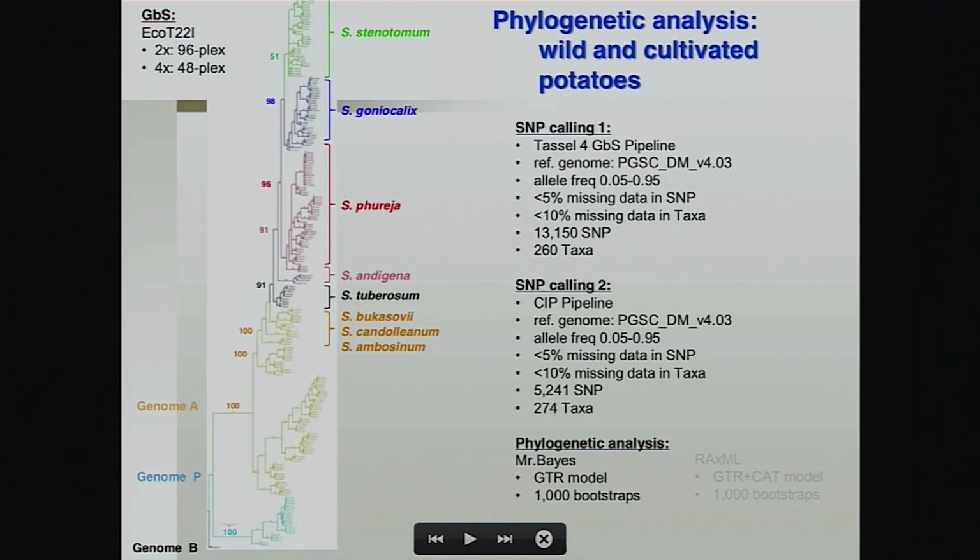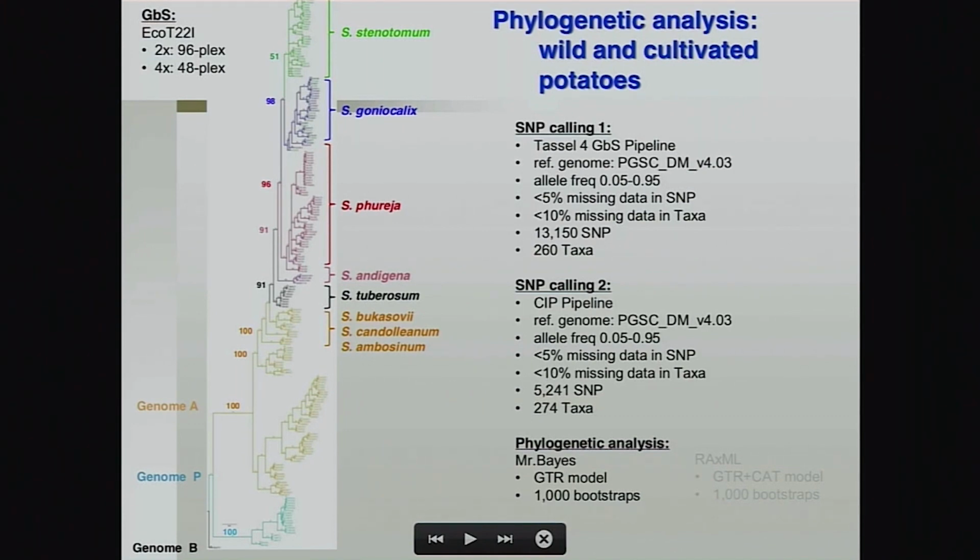The only thing that I wanted to show you here is why we were using GBS, because I told you that we wanted to know which species are the possible progenitors of the cultivated potato. So we used some wild species, some of which were hypothesized by other taxonomies to be the closest to the cultivated potatoes.